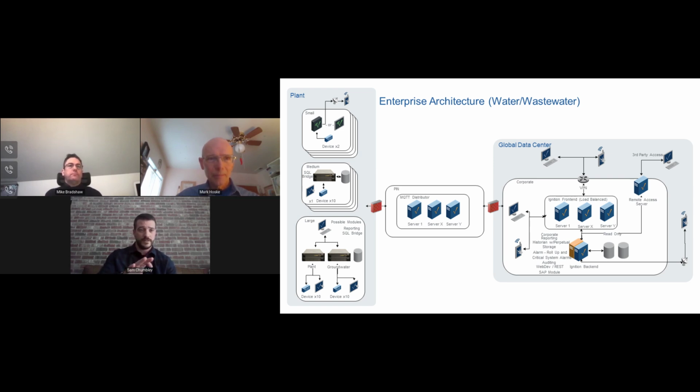So on the left side, like I said, the medium and large sites is where we have Stratus deployed. At the medium sites, we are typically deploying a Stratus FT server 2910. And then at the large sites, it's a 4910. Both of them typically have 6 virtual images.